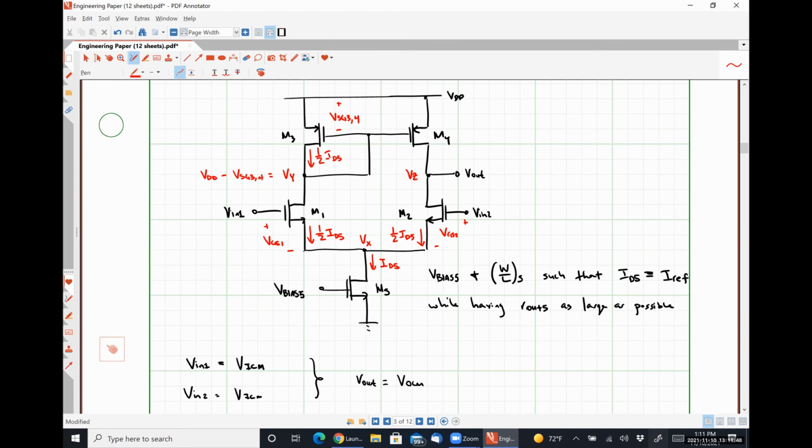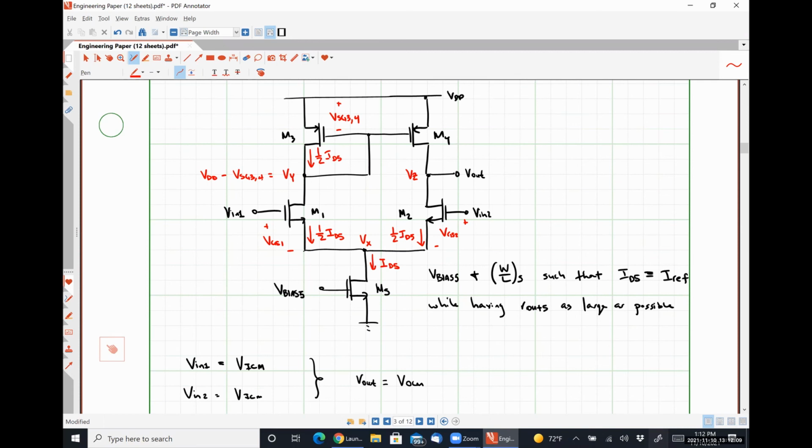It can't move. If we increased the common mode voltage at the input of M1, we would see that Vx also increases, which is really just going to drive transistor M5 further into saturation. So it's no longer going to be the problem, right?